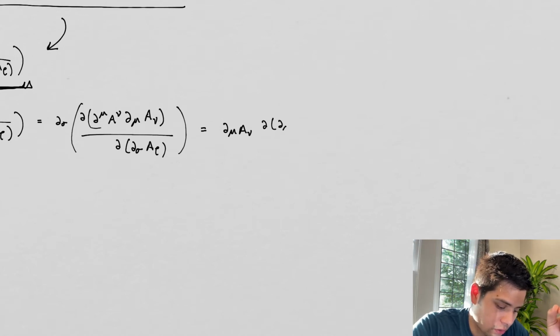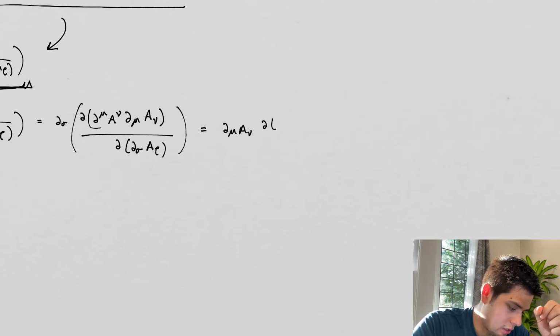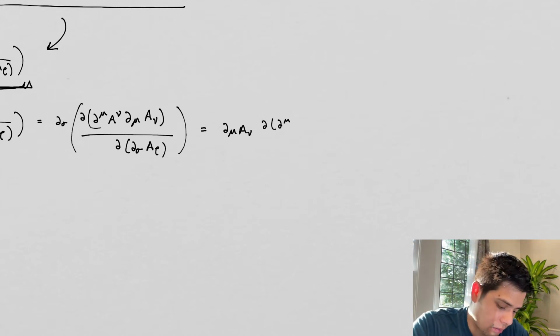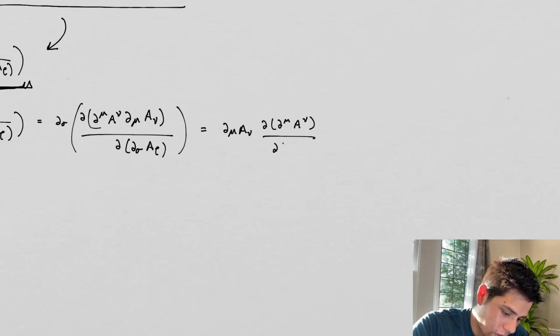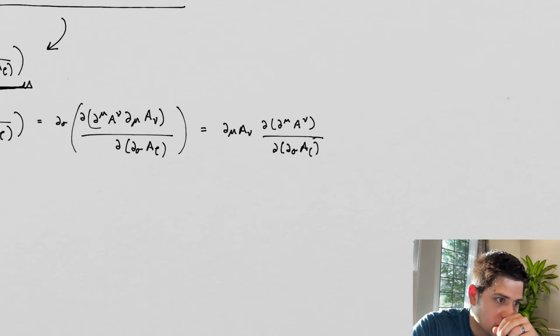What I'll do is say what I'm going to do here: the derivative of this times this, and then plus the derivative of this times this, right? So that's going to be d mu A nu with respect to d rho A, or d sigma A rho.